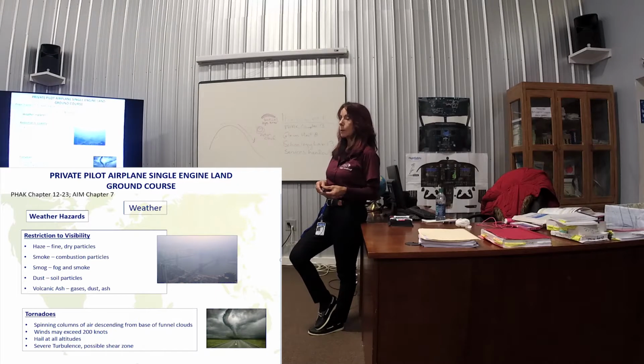Lots of combustion. Smog. Here's your California, San Francisco. Smog is a combination of fog and smoke. They have smog. Dust, soil particles, serious dust storms in the arid countries.